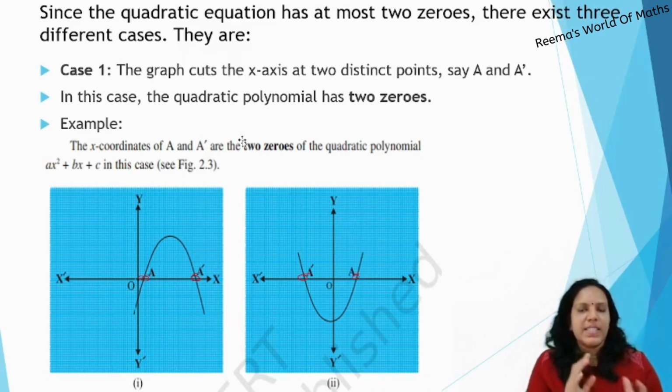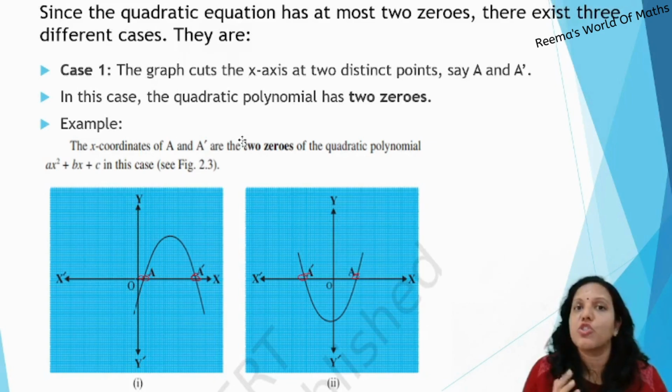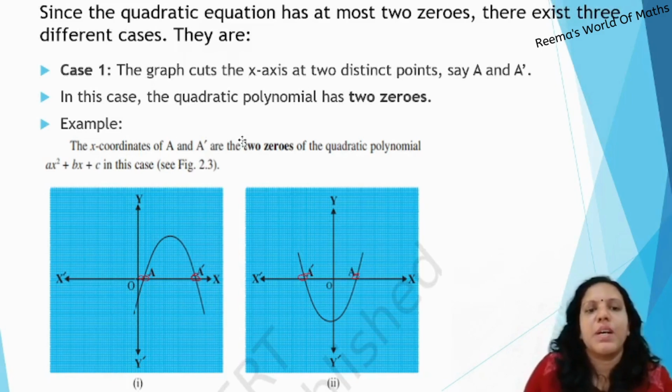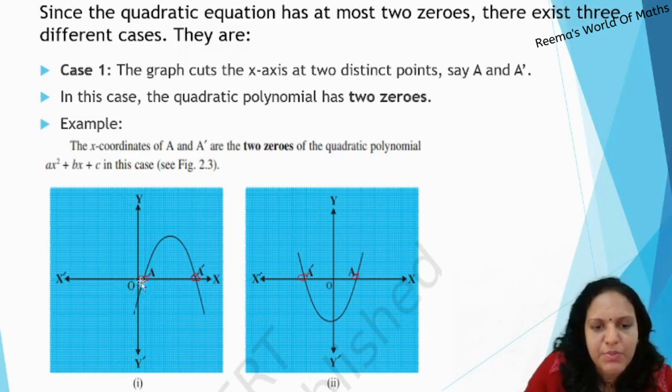Now, since it is a quadratic polynomial, it can have at most two zeros. It can have one zero and it can have no zeros. For all these cases, the graph will be different. So, let's see case 1, where the graph cuts the x-axis at two distinct points. Here in the first graph we can see the x-axis is cut at two different points.